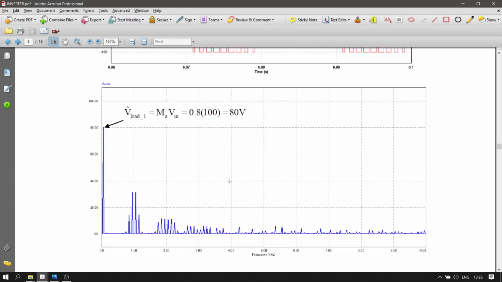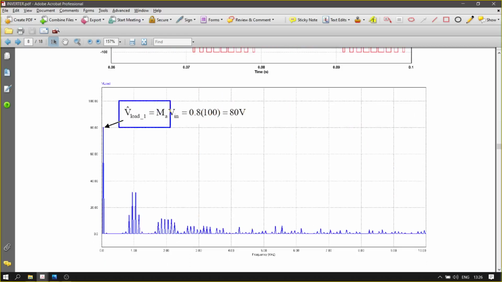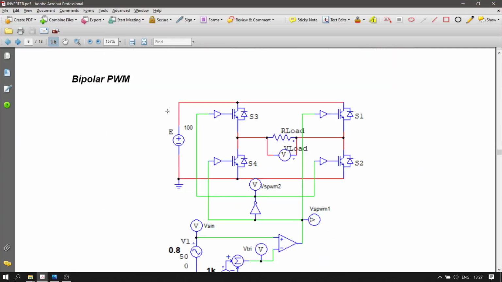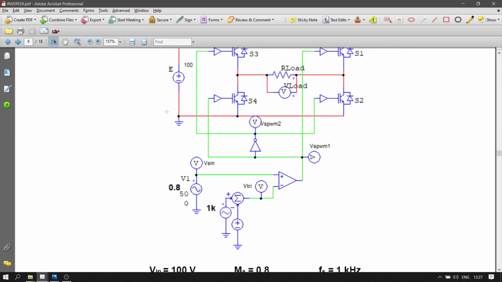You can identify the first component by using this equation. The amplitude of the fundamental is always Ma multiplied by Vin, because this is a full bridge. Then for bipolar PWM it will be different.